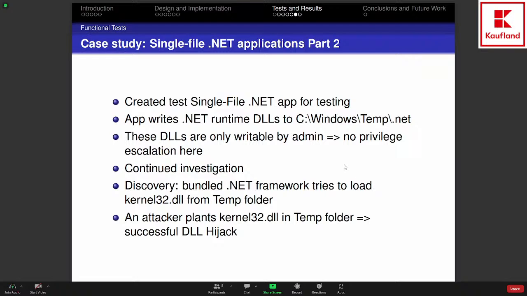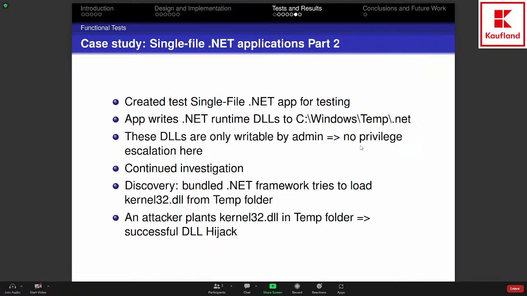We found that this configuration of the single-file .NET framework contains a vulnerability where it attempts to load and execute kernel32.dll from that same temp folder in which it drops its own DLLs. So clearly there is a misconfiguration there, or an interaction between configurations in different components.